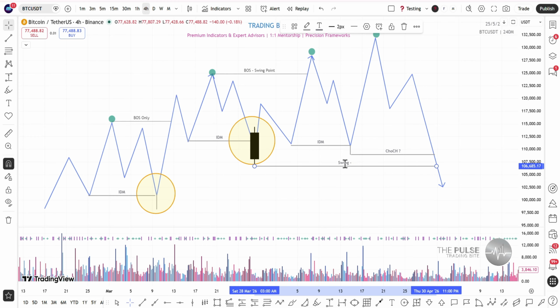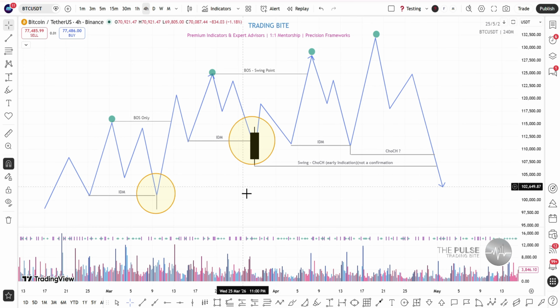We will call it a swing, and we will call it a change of character early indication, not a confirmation, because this was our last valid swing point. If you see the rules for the swing, then you will understand where our exact choke point will be.